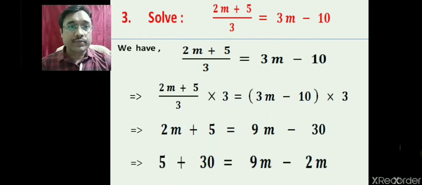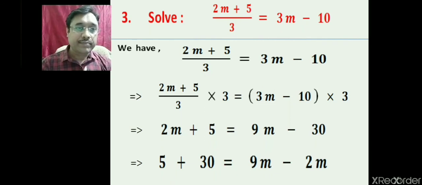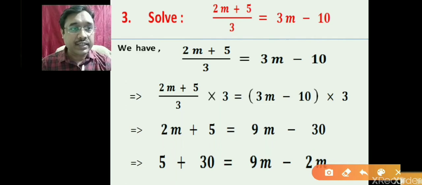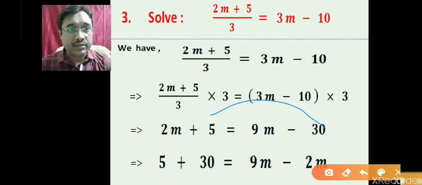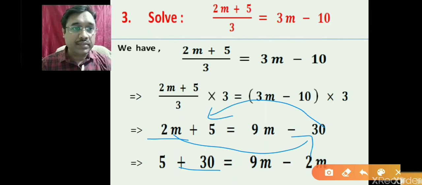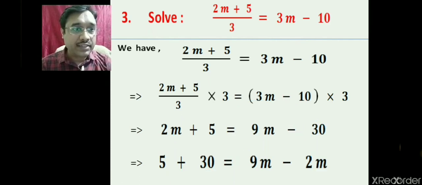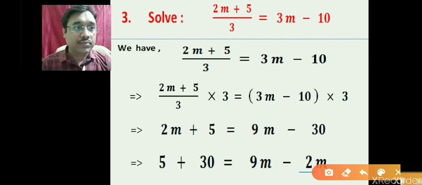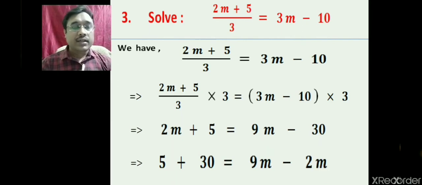That will be 5 plus 30. If you take minus 30 on this side, then on this side it is plus 30, and this 2m you will take on this side. If on the left it is plus 2m, then on the right side you will write minus 2m.